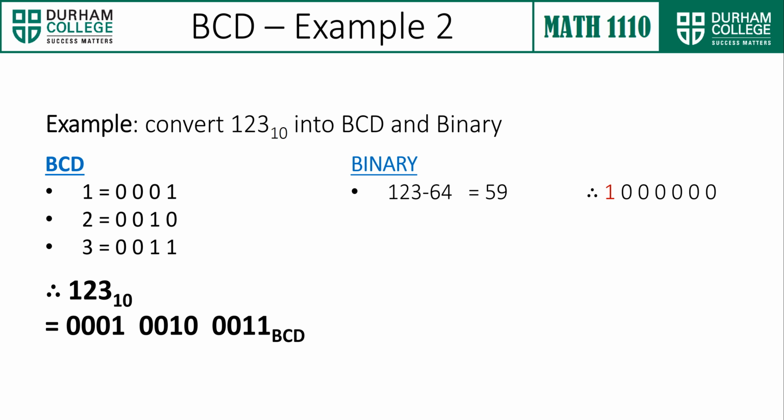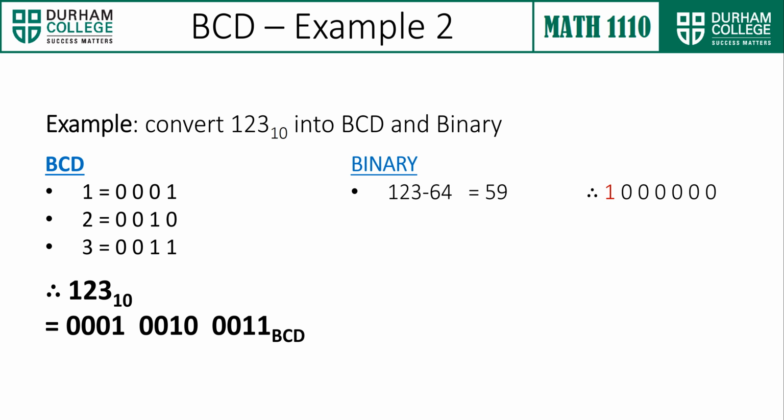I'm starting with 123. The first thing I want to think about is how many bits I need. As I said, we usually start with a byte, we move on in sets of bytes, so that means 8 bits, right? So I can think about it in this way.